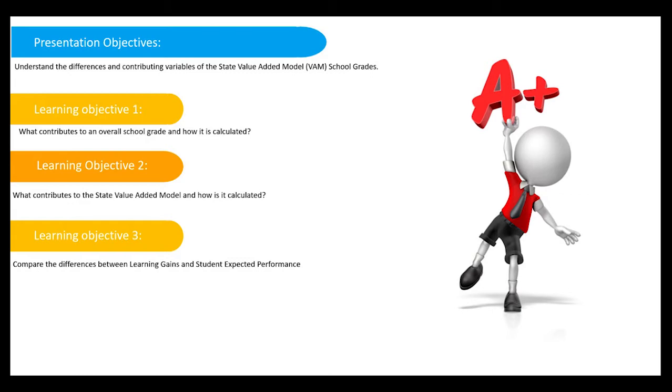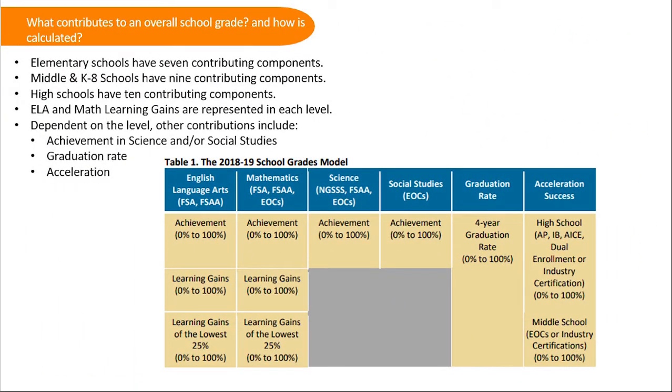To do this, I will help explain what contributes to an overall school grade and how it's calculated, what contributes to the State Value Added Model and how it is calculated, and the differences between learning gains and student expected performance. So, first things first, what contributes to an overall school grade?